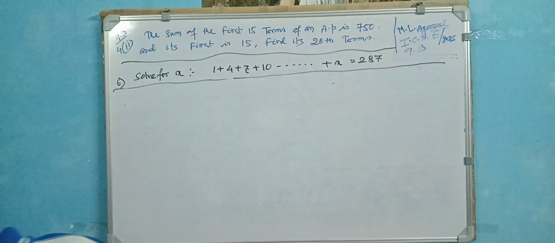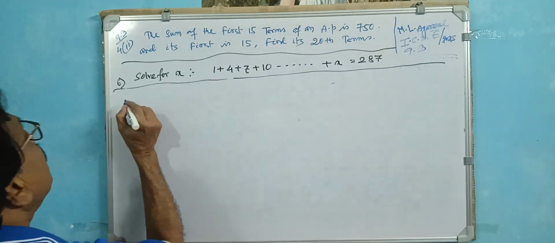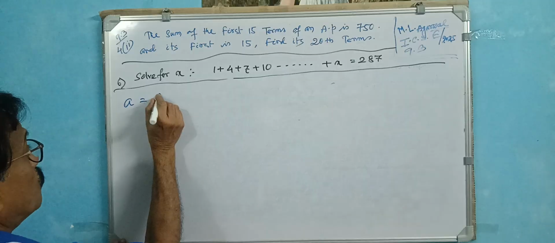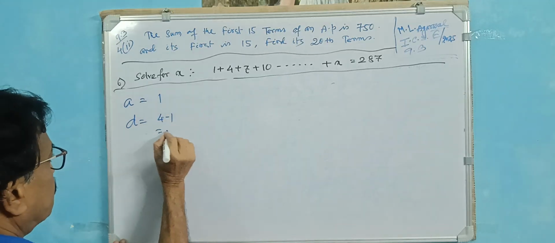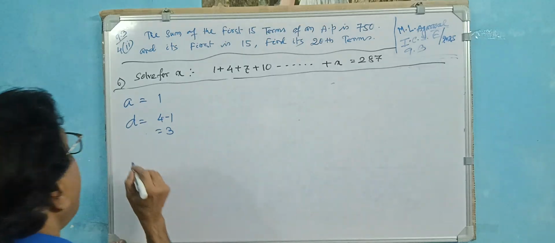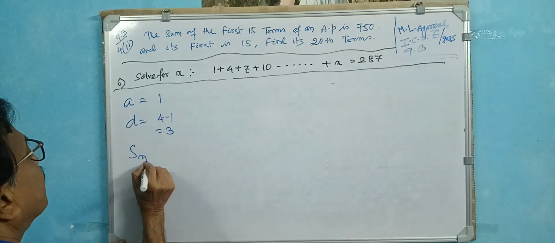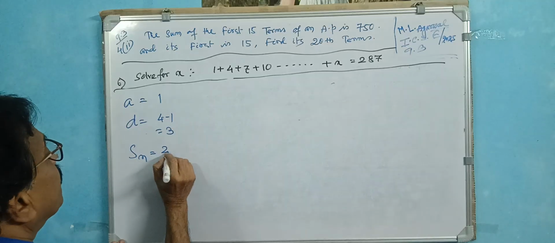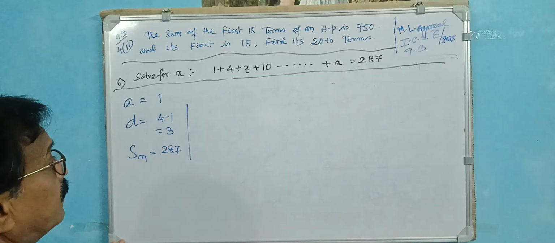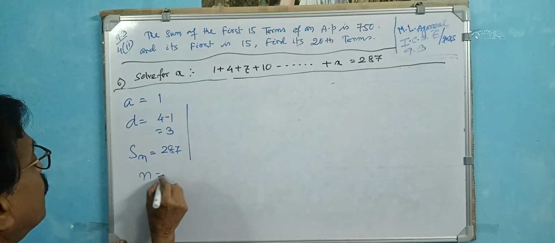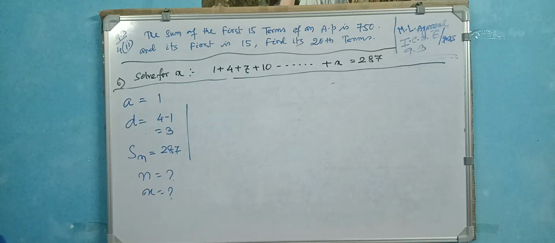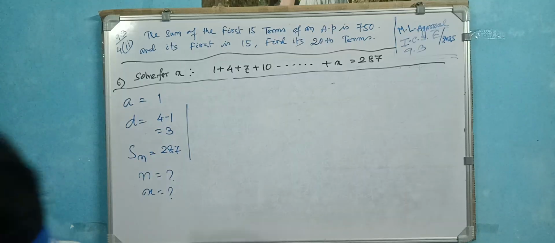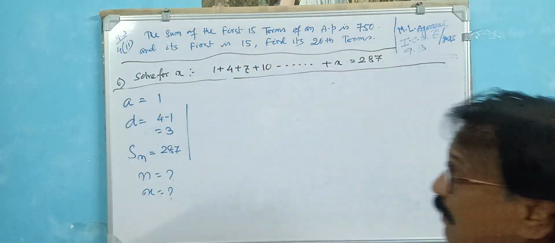Here, a is given, a is 1. d is 4 minus 1, which is 3. And Sn is 287, that is already given. First you find out the number of terms and the value of x. Is that clear? That is your target.